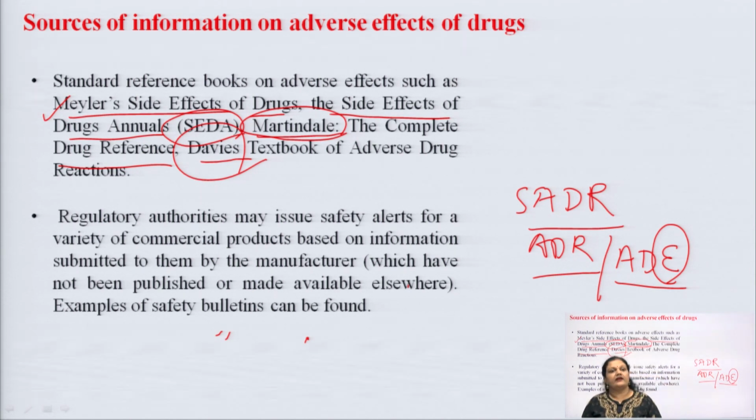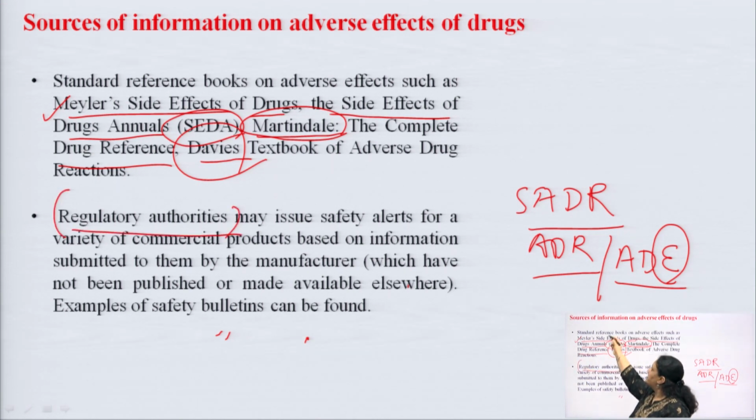Second is the regulatory authorities. They also have to refer to these sources of information on adverse drug reactions. The regulatory authorities may sometimes also issue various safety alerts for a variety of commercial products.